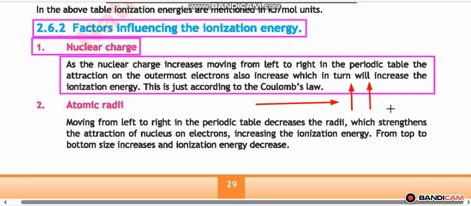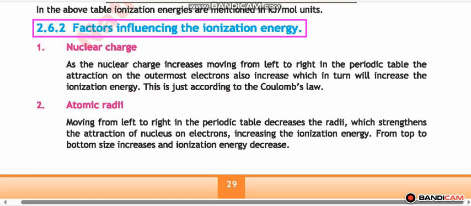The attraction between the electrons and the nucleus also increases, and it will require more energy, hence the ionization energy is also increasing. So you will see that the ionization energy is increasing as we move from left to right in a period, and the main reason behind it is the nuclear charge.